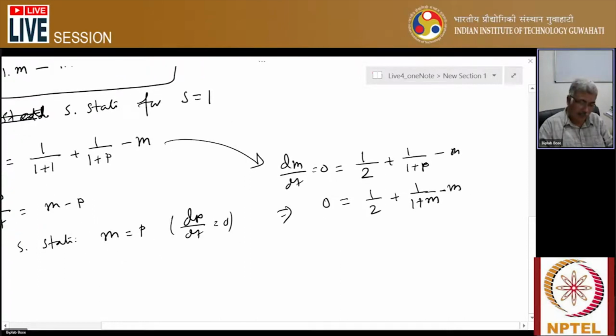What will be the value of M? Sriram, I will come to your question. Please hold on. Let me finish this part. What will be the value of M? Can someone try?